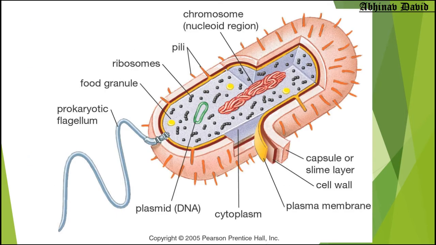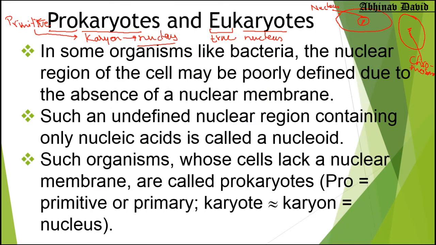But if you see here, this region, the central region, is not surrounded by any nuclear membrane, so we cannot call it a nucleus. So what is it called? We call it a nucleoid region, or simply a nucleoid. I hope you have understood the basic difference between prokaryote and eukaryote.